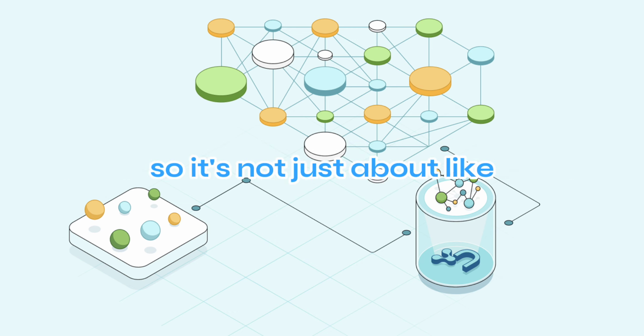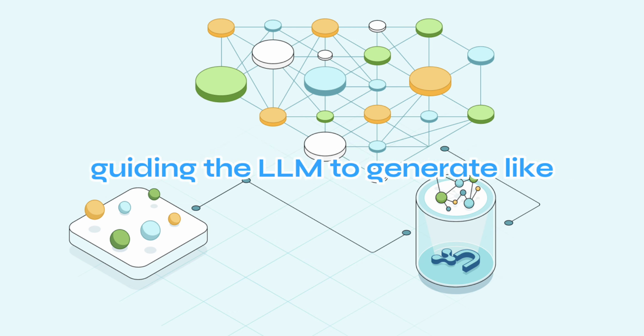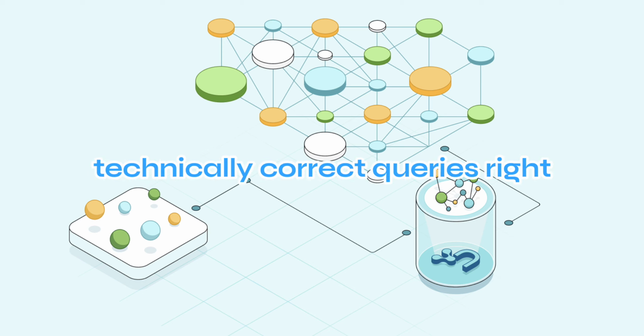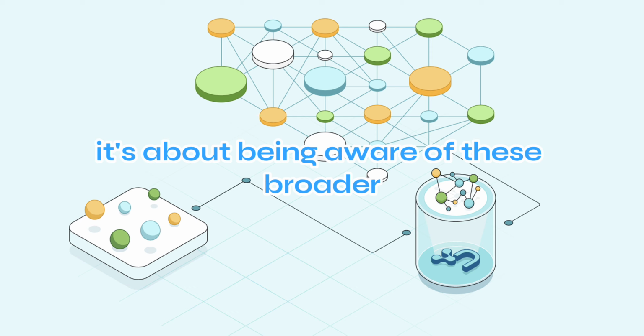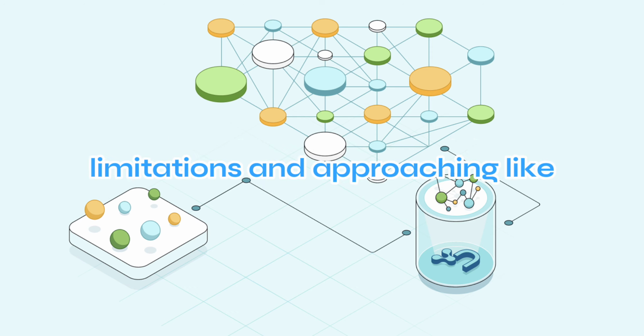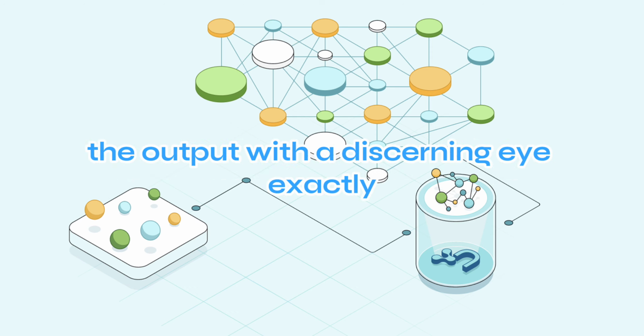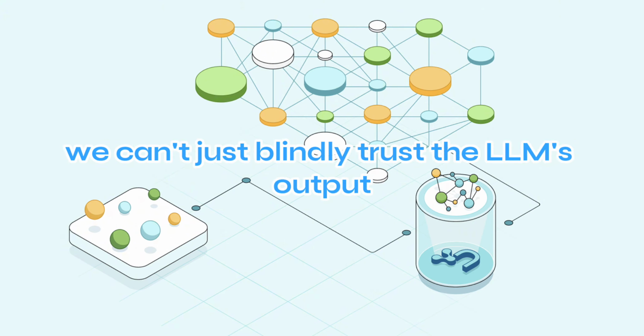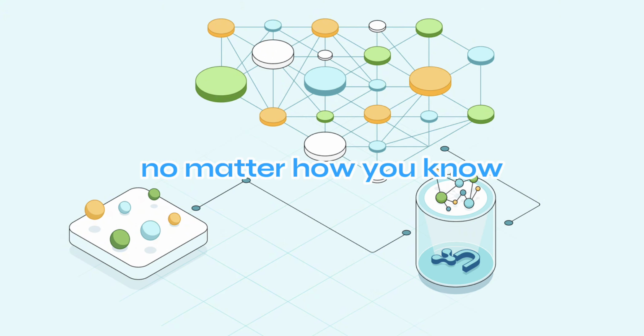So it's not just about guiding the LLM to generate technically correct queries. It's about being aware of these broader limitations and approaching the output with a discerning eye. Exactly. We can't just blindly trust the LLM's output, no matter how impressive it might seem.